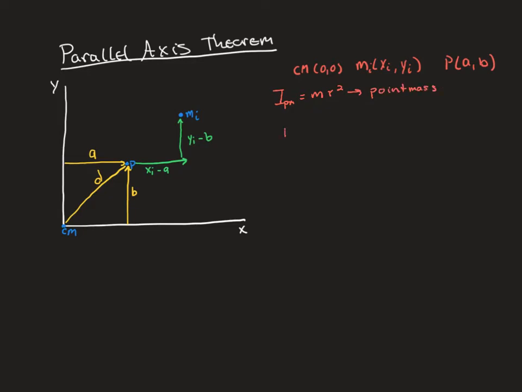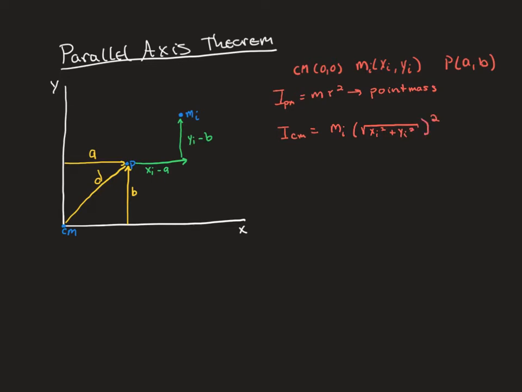Alright, so if we look at the moment of inertia about the original axis, our particle is going to have m_i, so that's our mass of one particular particle, times the square root of x_i squared plus y_i squared. And then we're going to square that.